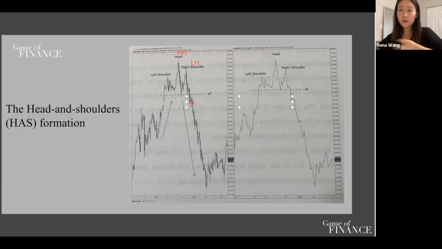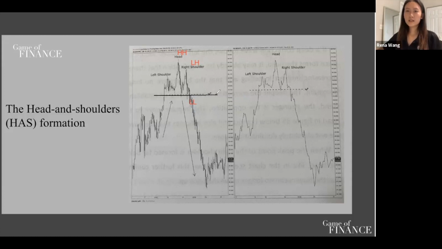This confirms a trend reversal. If we connect the lows of the correction waves, we get what is called a neckline. Let's think about these as body parts: this is the shoulder, head, shoulder, and this will be your neckline, like your neck that's connecting everything.